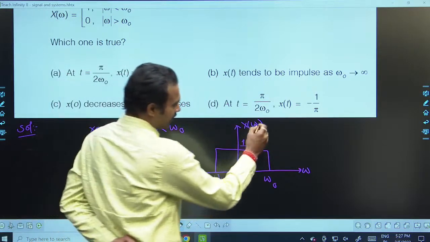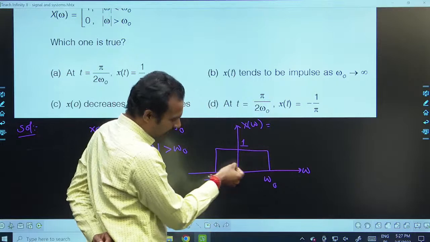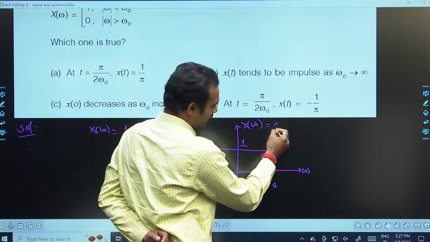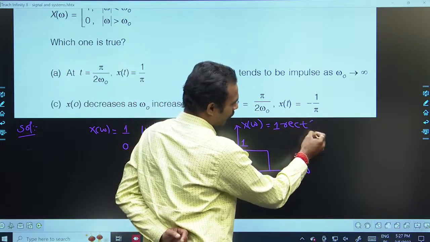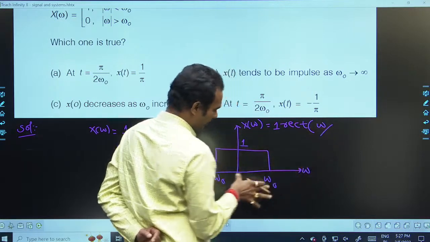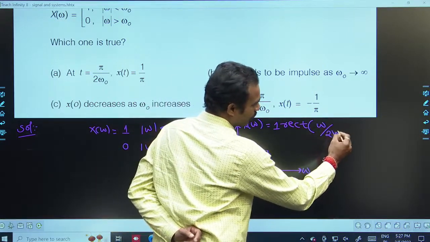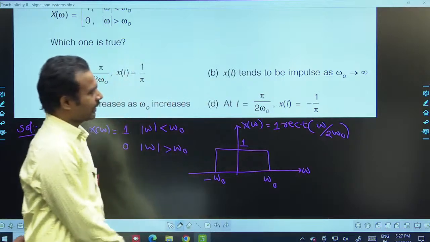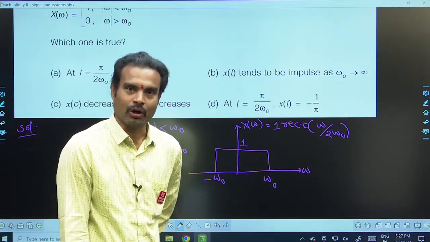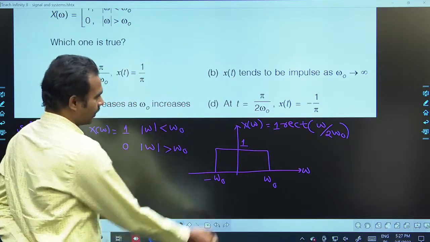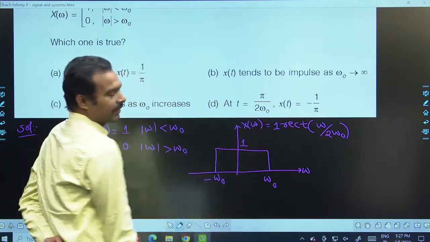That means your x of omega has the shape of a rectangle function with amplitude 1, so 1 into rect of omega divided by the total width 2 omega naught. So rect of omega by 2 omega naught is the given x of omega.